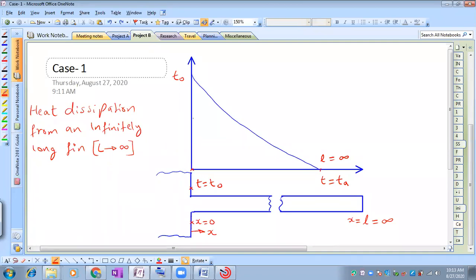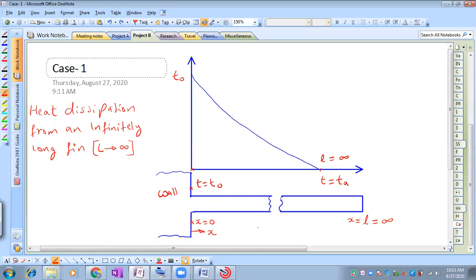Try to understand. I'm considering this fin, where here is the wall, which is at a higher temperature. So the temperature at the surface of the wall will be equal to the temperature at the base of the fin, as the fin base is directly attached to the surface of the wall. So T0 is the temperature at the base of the fin. When x is equal to 0, what does x indicate?